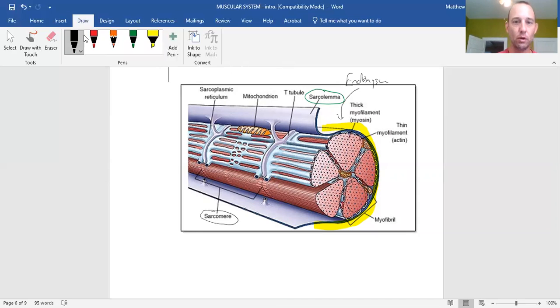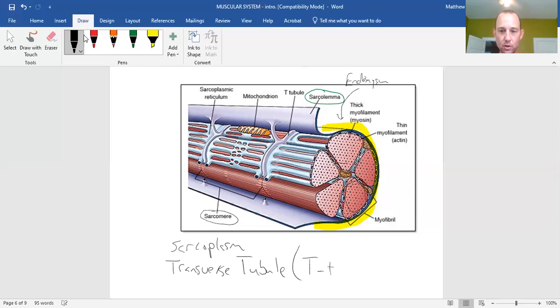Now, one of the things I want you to make sure you do is go through the anatomical structures that make up a skeletal muscle, the different filaments, knowing what a sarcolemma is, what the sarcoplasm is, what a T-tubule, or transverse tubule, is, which is the same thing you see above as a T-tubule.